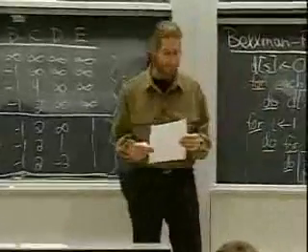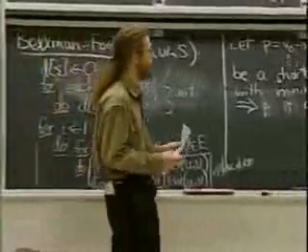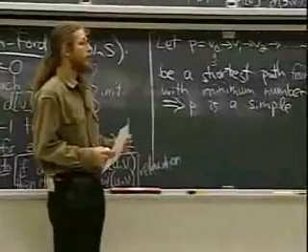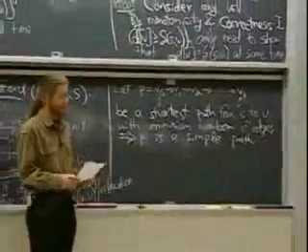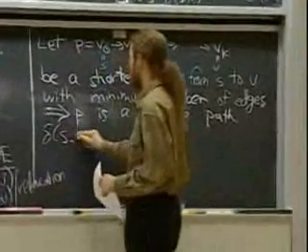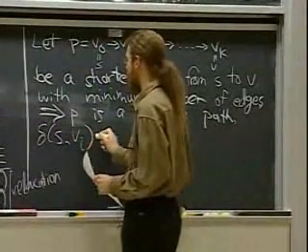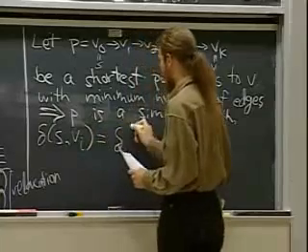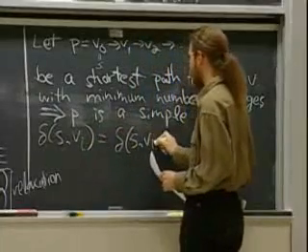Okay. Now, what else do we know about this shortest path? Well, we know that subpaths of shortest paths are shortest paths. That's optimal substructure. So we know what the shortest path from s to vi is, inductively.